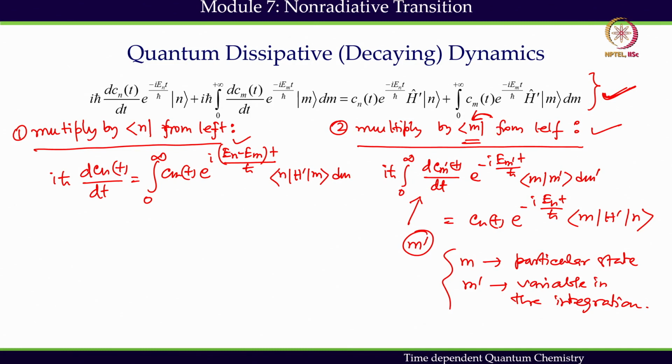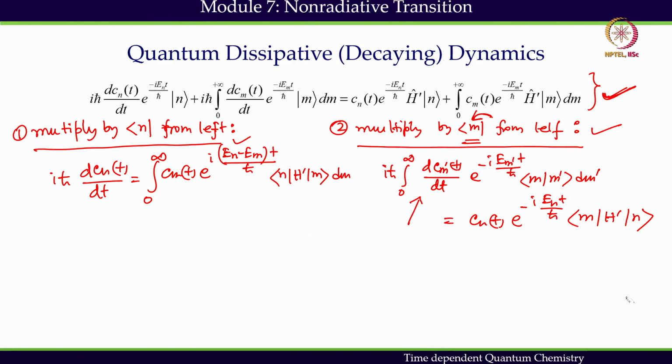So we know that this equation can be further reduced, because we assume that this m dash is 0 for all states, except for m equals m dash.